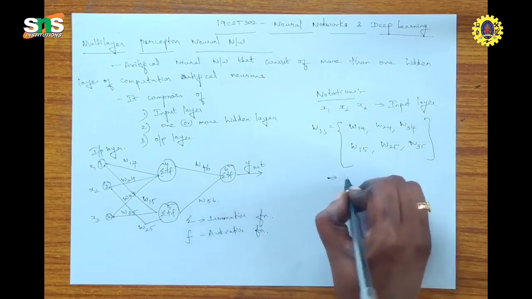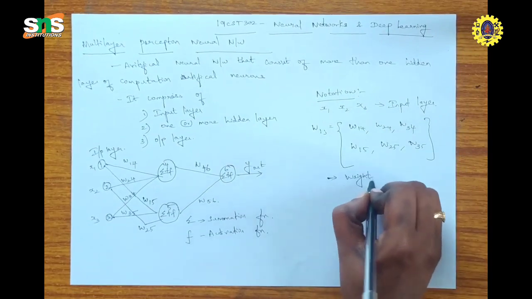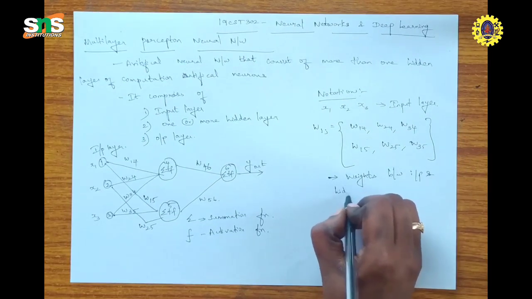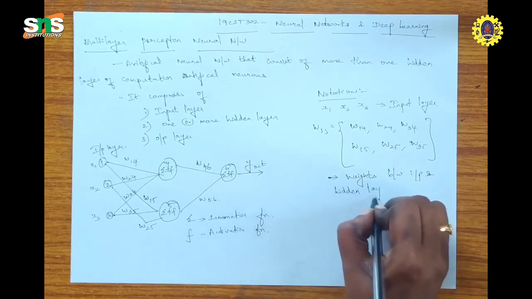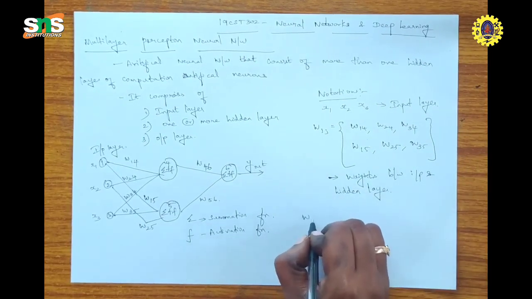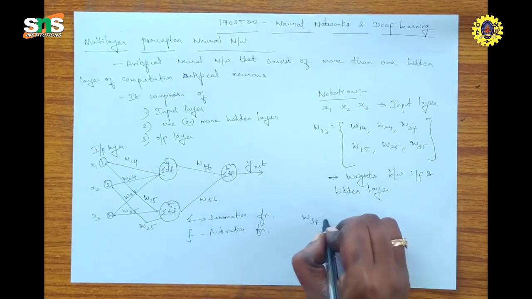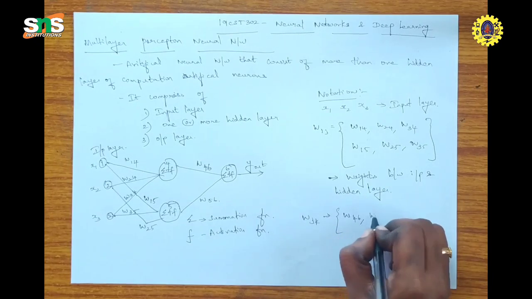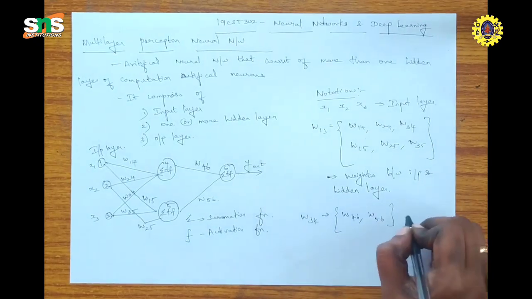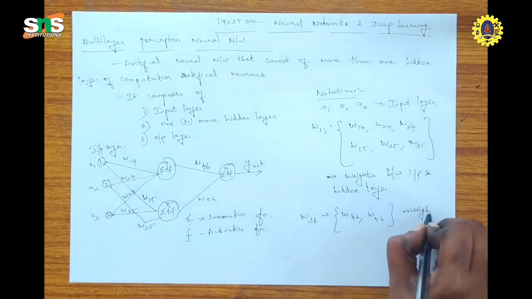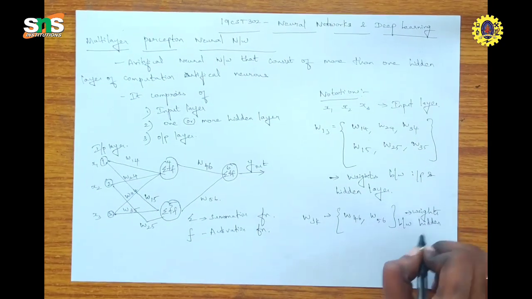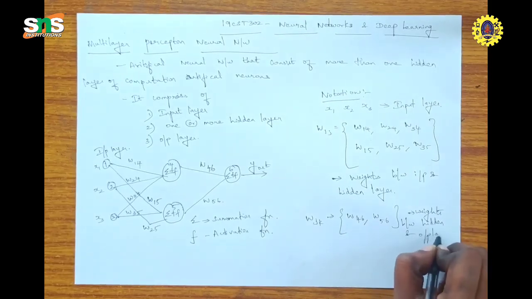These are the weights between the input and the hidden layers, whereas weight of jk, for the hidden layers, is weight of 4/6 and weight of 5/6. These are the weights between the hidden layers and the output layer.